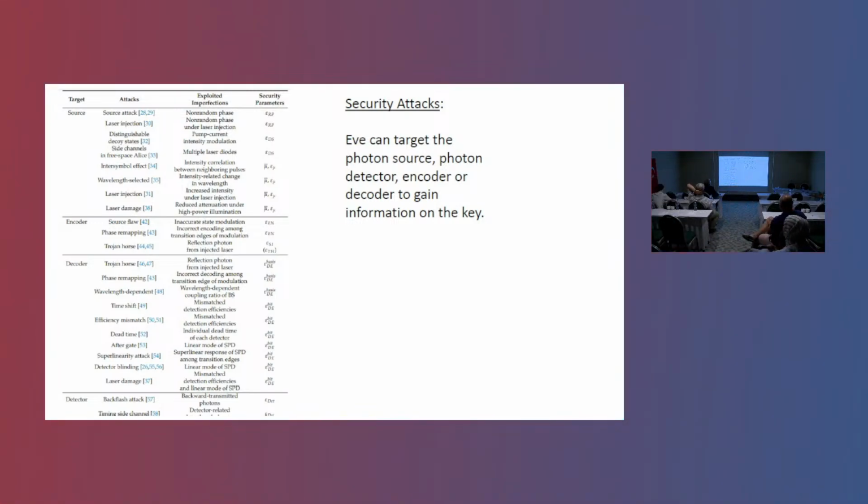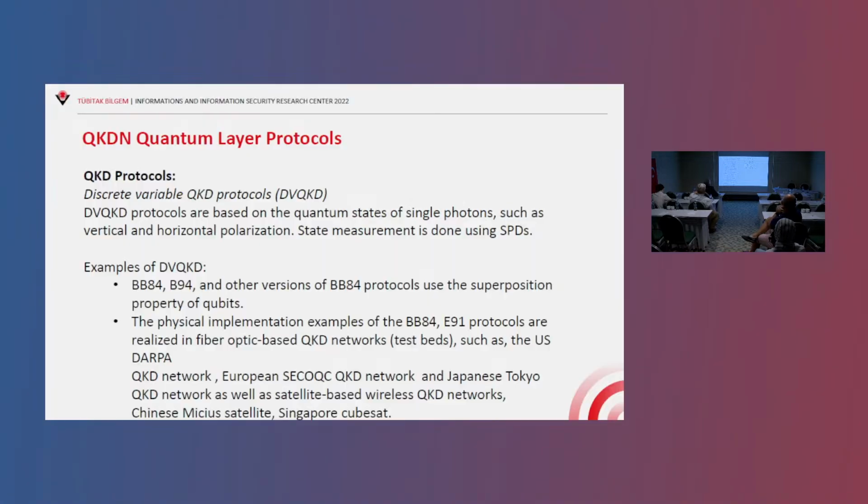And it's all for the purpose of gaining information on the key. So all these attacks would be possible. I'm not going to go into the details of this, but this is quite an involved research field to understand security features and compute and analyze security characteristics of QKD systems.